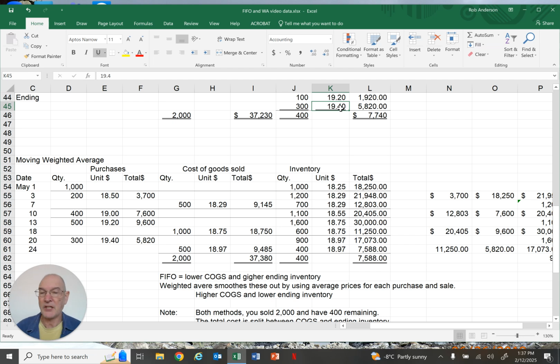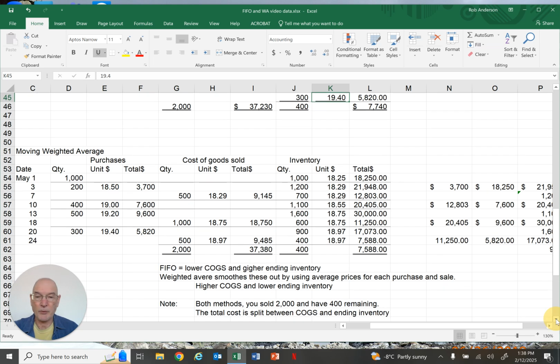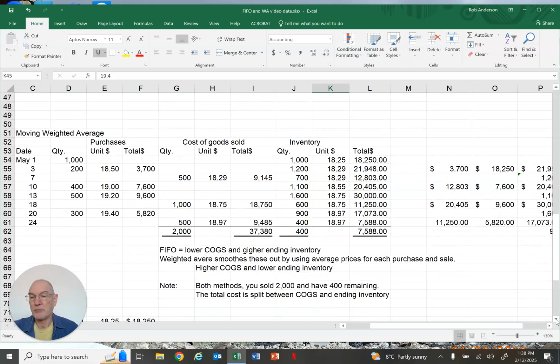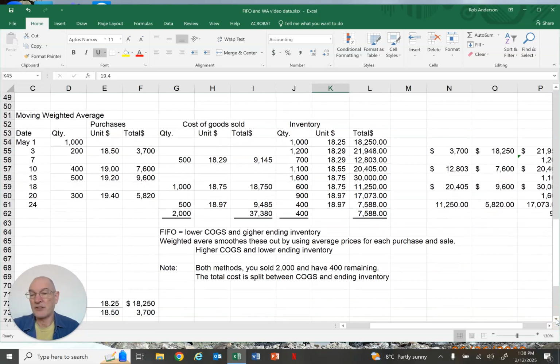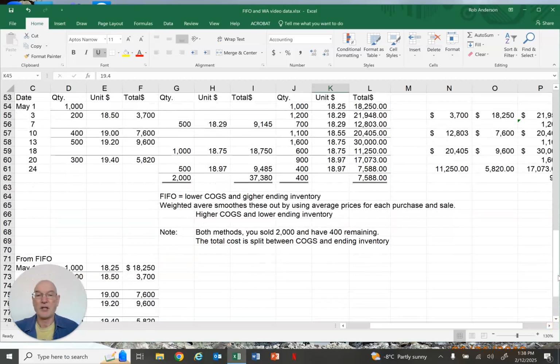So you can see that the two methods give you slightly different cost of goods sold and different ending inventory values. So before we finish this up, let's just make a couple of generalizations about how this works.